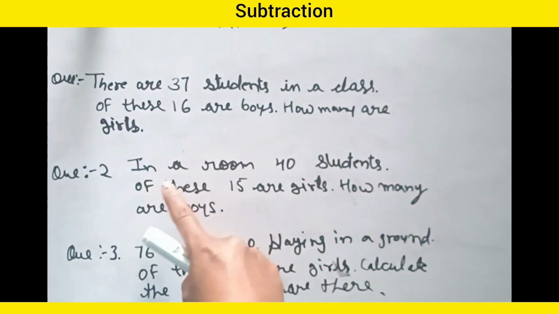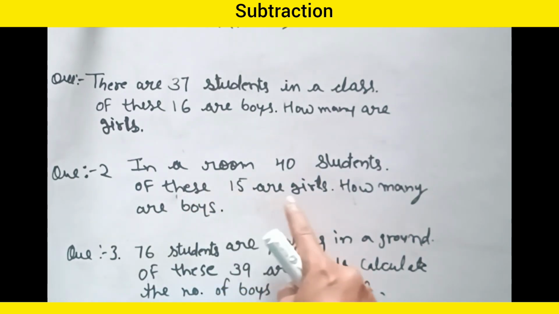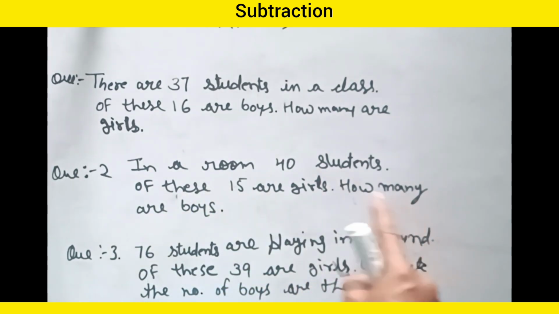The second sum is: in a room there are 40 students. Of these, 15 are girls. How many are boys? And the third sum is: 76 students are playing in a ground. Of these, 39 are girls. Calculate the number of boys there.